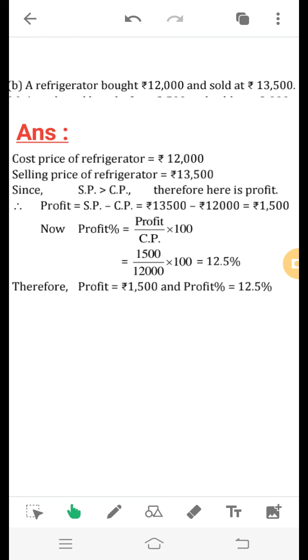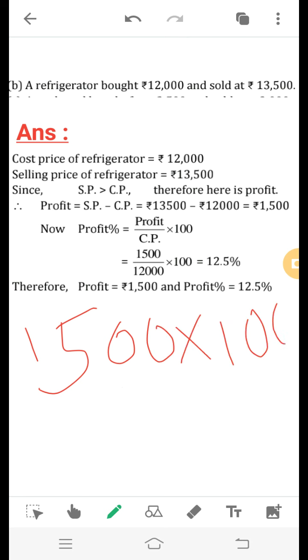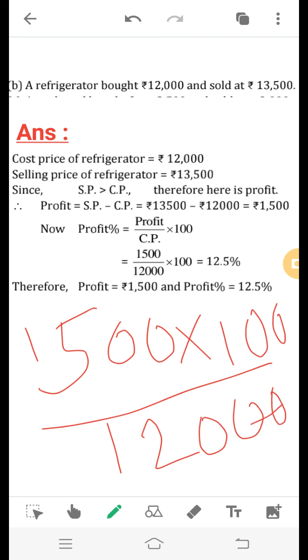Now find the profit in the form of percentage. So profit divided by cost price, then multiplied by 100. Profit is 1,500, cost price 12,000, and then multiplied by 100. Now simplify this. 1,500 multiplied by 100, below it's 12,000. Two zeros cut, 1 zero here cut, 1 zero here. 3 4s are 12.